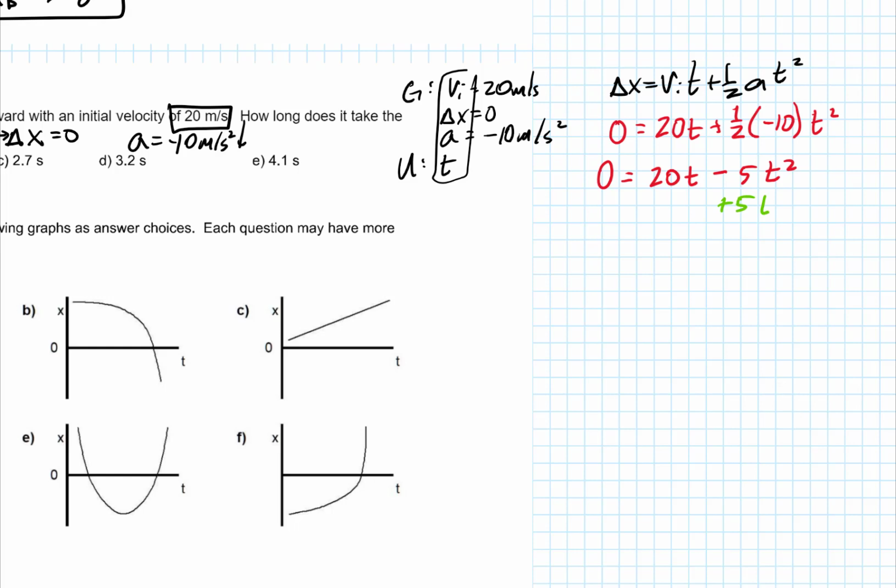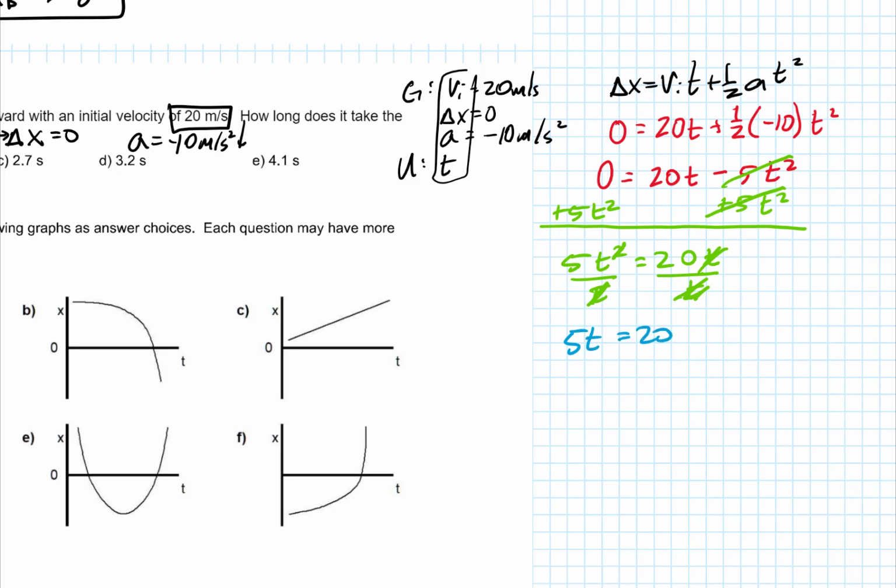So I'm going to add 5t squared to both sides. That crosses out over here, and I get 5t squared is equal to 20t. What I notice is that I have a t on both sides. So if I divide each side by t, both of these t's cross out, and one of these t's crosses out. So that tells me 5t is equal to 20. Divide both sides by 5, and t comes out to be 4 seconds.